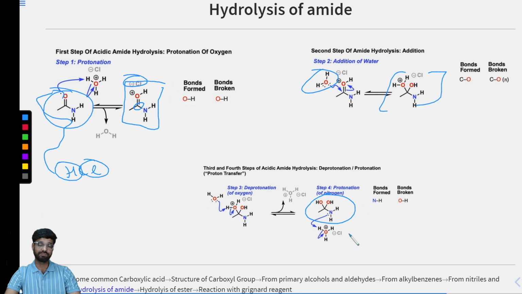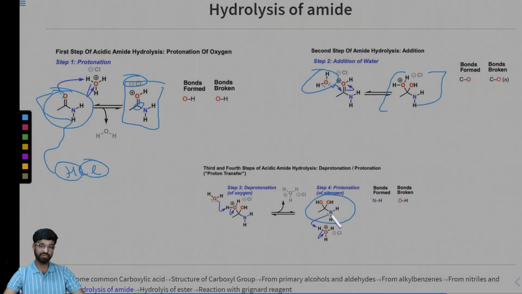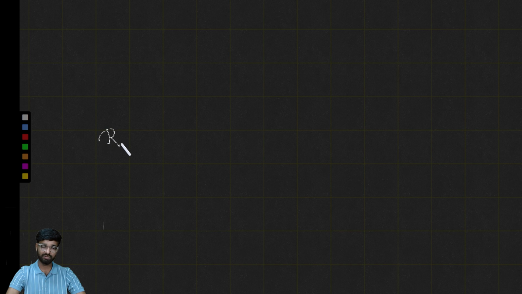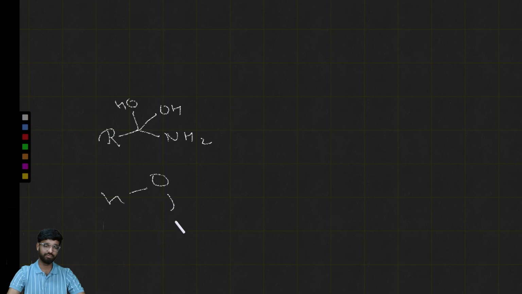Now this diol will again take the H plus. The last step is not very clear, so let me do it for you. So we have one OH, again one OH, and we have NH2. Now H2O is being protonated due to the presence of acid, and it is H3O plus. So this will be taken by NH2.